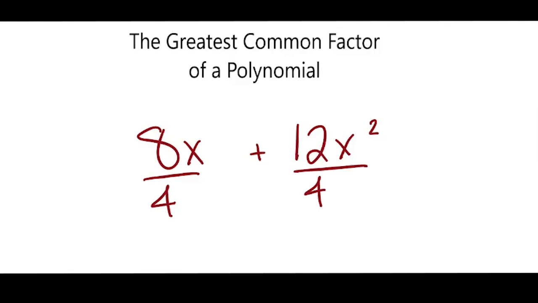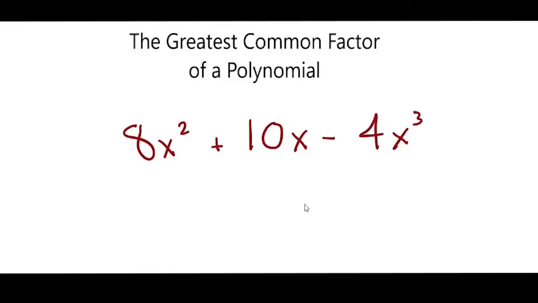I could divide them both by 2, but that's not the greatest number I can use. Now I notice that they both have an x, and this here is x to the 1st power. So I don't have any other exponent than x to the 1st power, so I can stop there, and my greatest common factor is 4x.